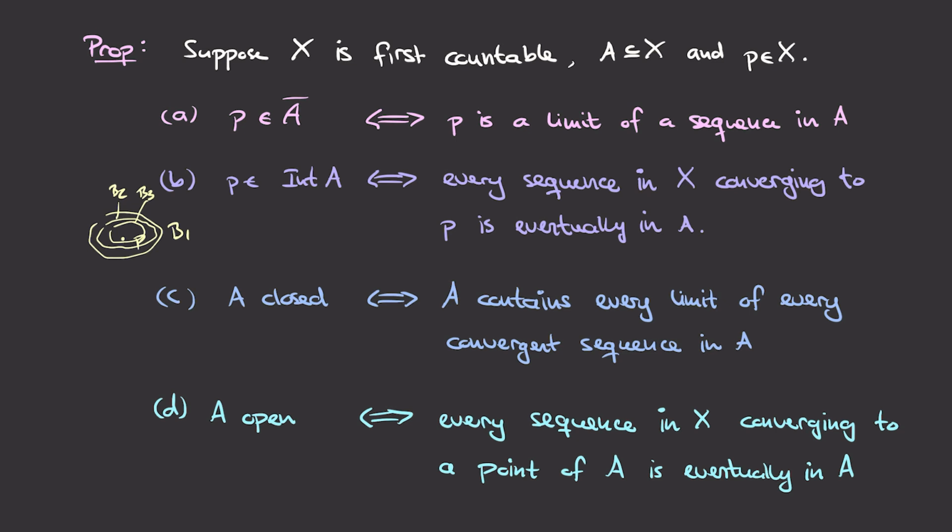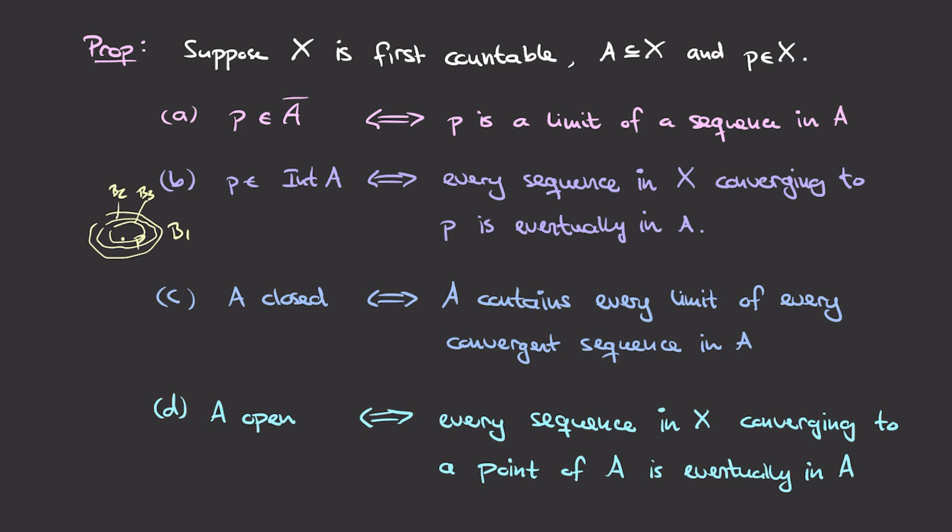In any case, because X is first countable and P lies within X, we'll have a neighborhood basis around P which is countable. And also, this will give rise to a nested neighborhood basis, which is countable.